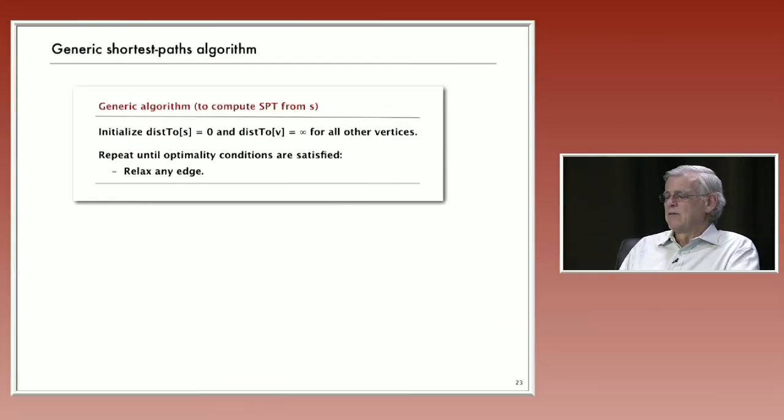Okay, so with that idea, there's a very simple, easy to state, generic algorithm that is going to compute shortest paths. We start with the distance to the source being 0 and the distance to every other vertex infinity. And all we do is repeat until the optimality conditions are satisfied: relax any edge.